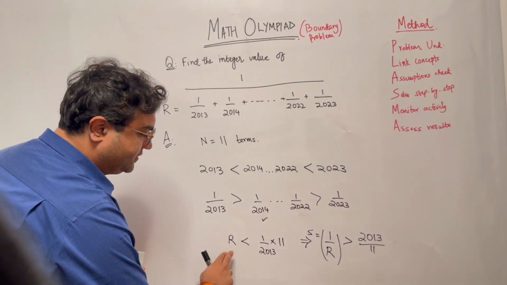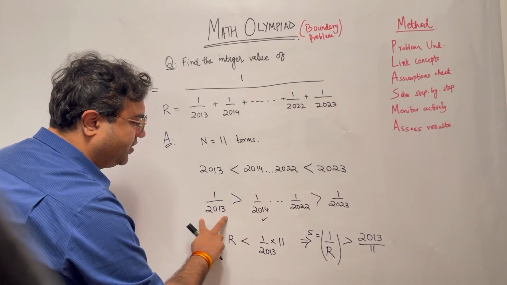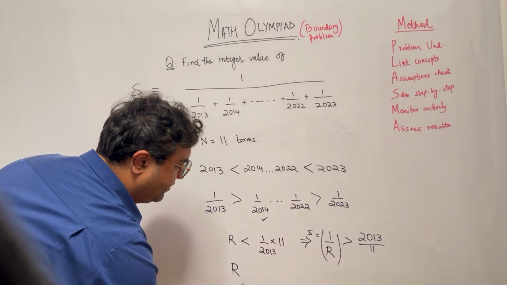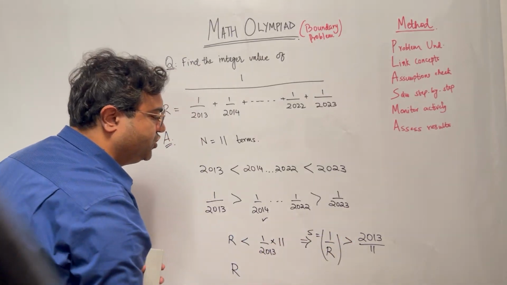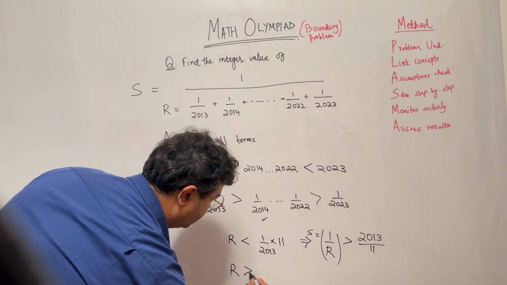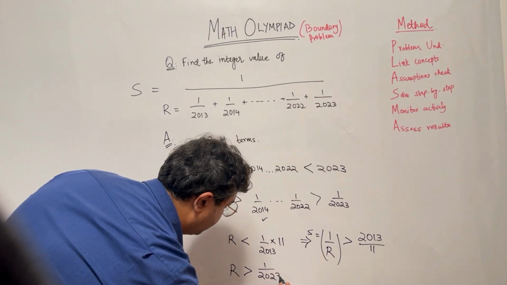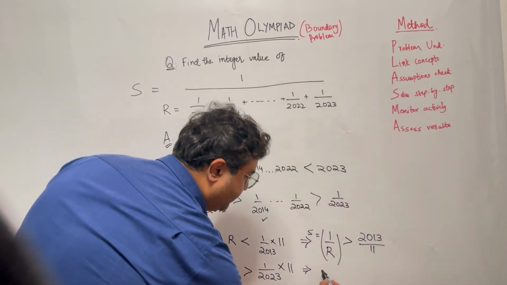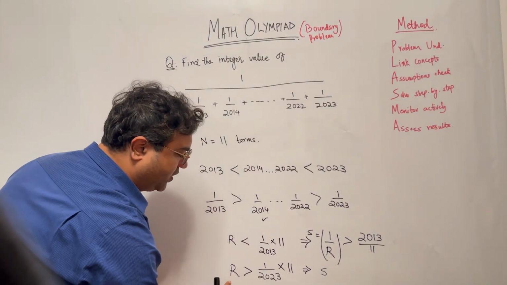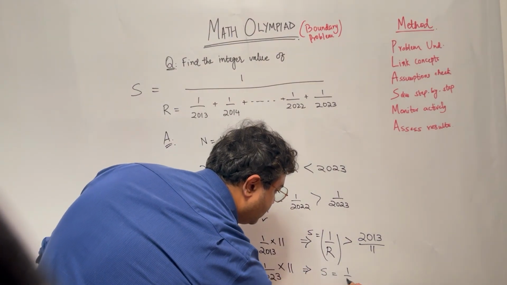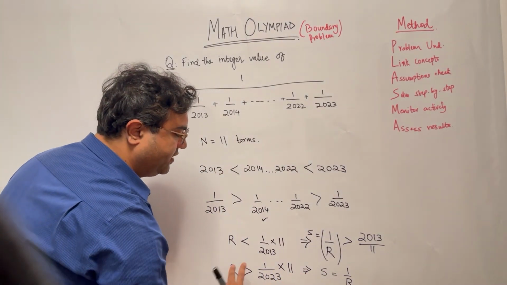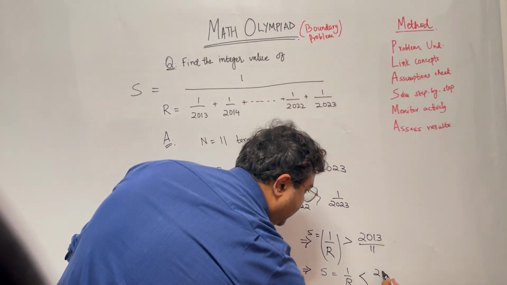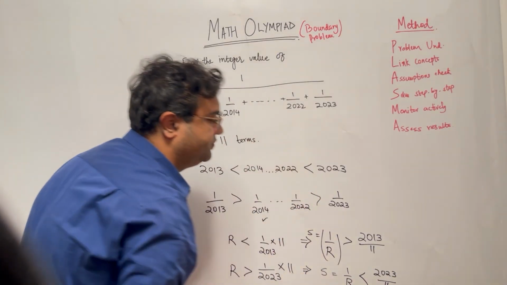Similarly, the other way: all these numbers are greater than 1 upon 2023, right? So the reciprocal of it, which is S, now this is 1 upon R, we have to flip the sign and flip the right hand side, giving 2023 by 11.